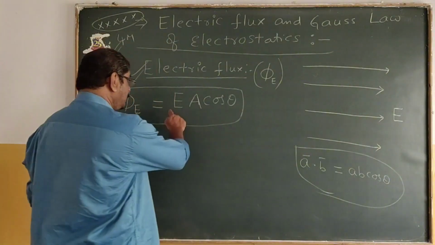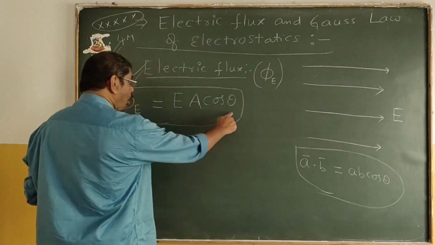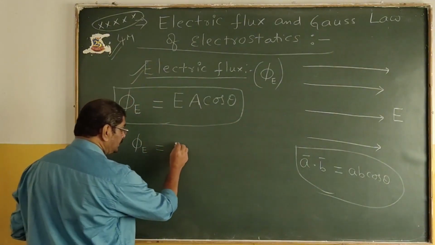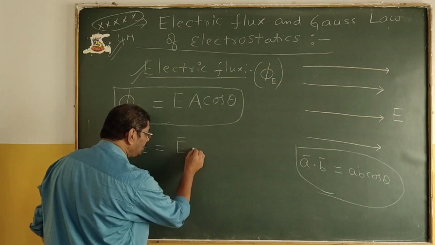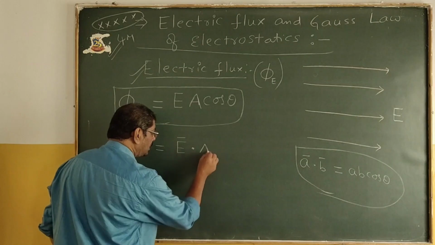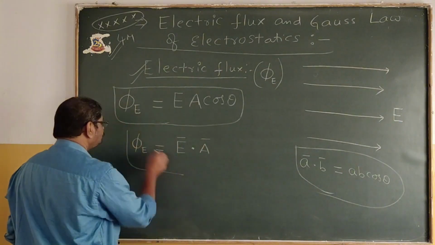That is the reason why EA cos theta can be written as the dot product of the electric field vector and the area vector.